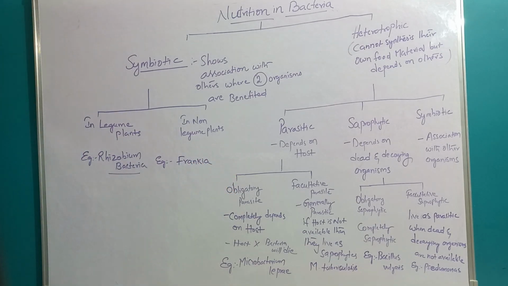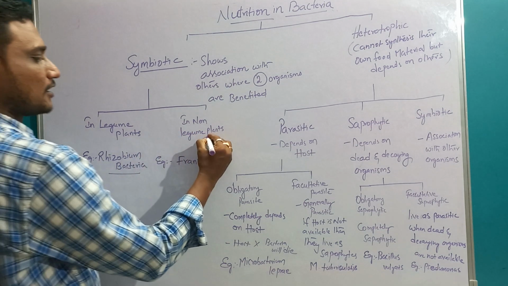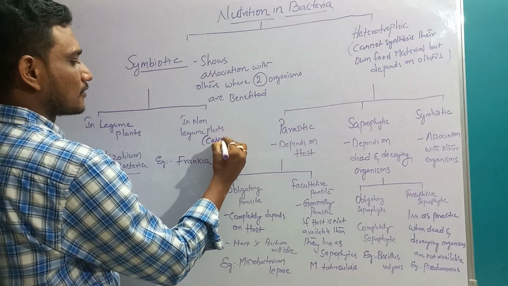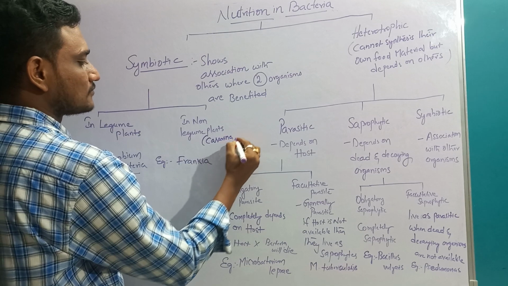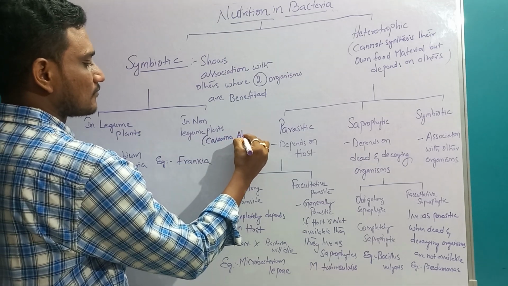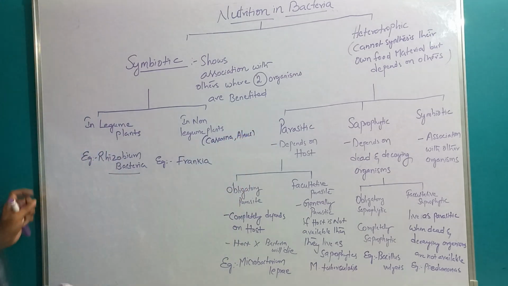Non-legume plants, example is the Frankia, may be Casuarina, Alnus, Myrica.